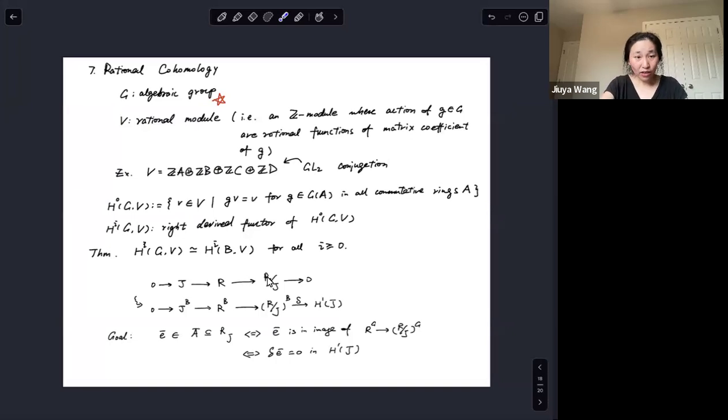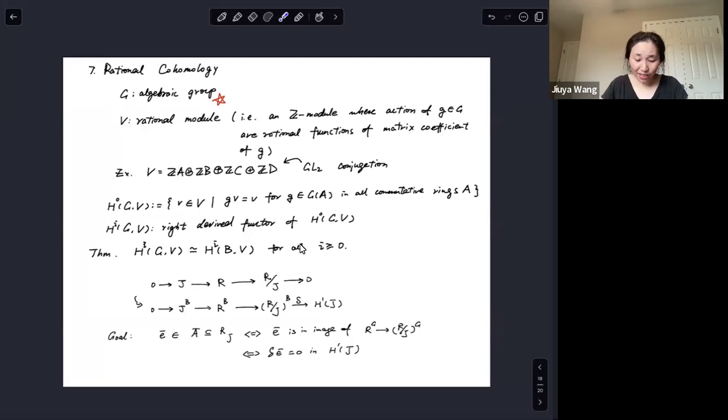So the very first important fact that helps us is that this H0, the invariant part, is isomorphic if you look at the G invariant part or the B invariant part.